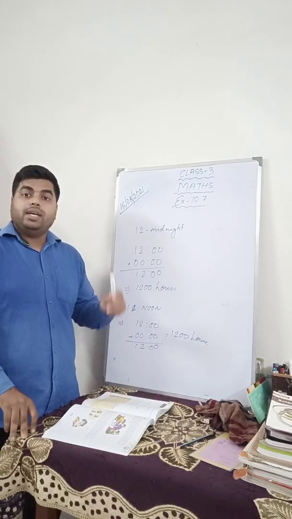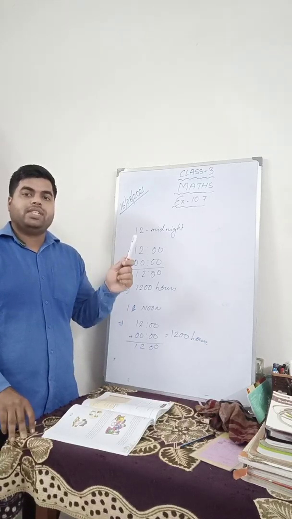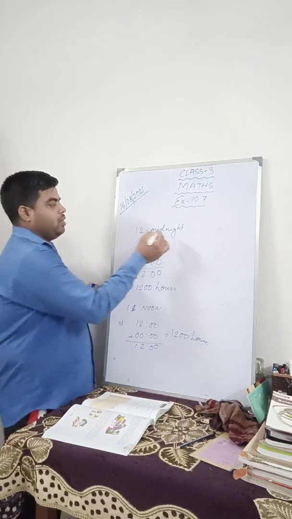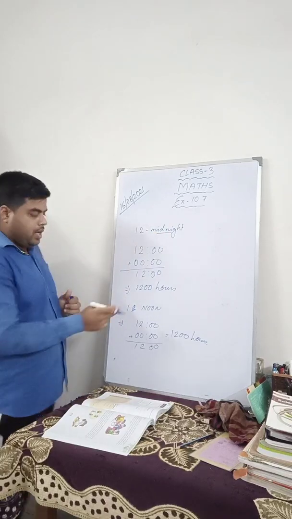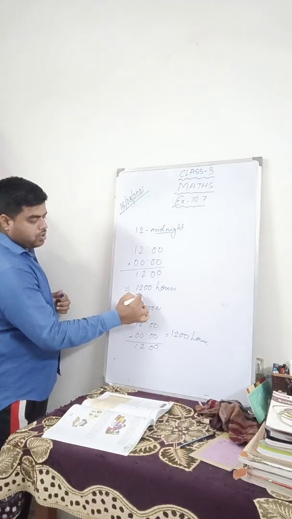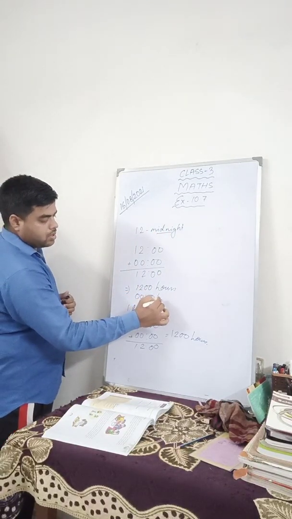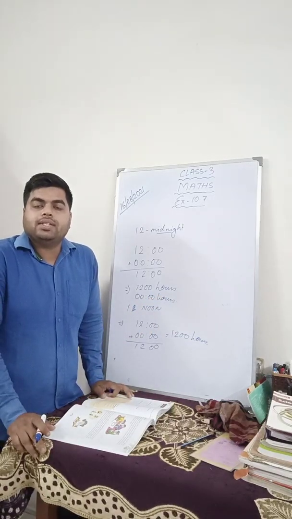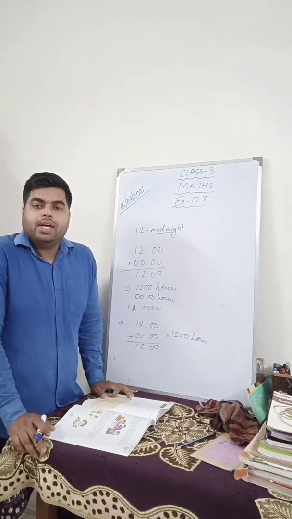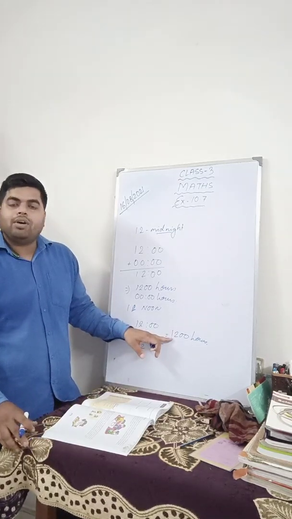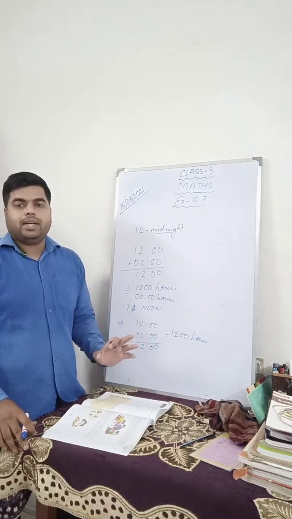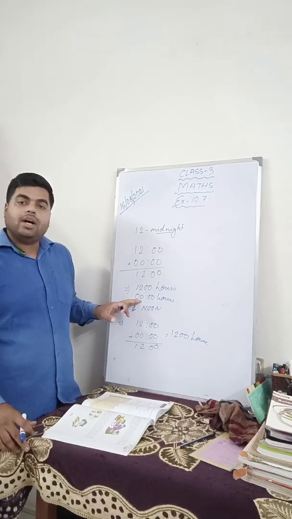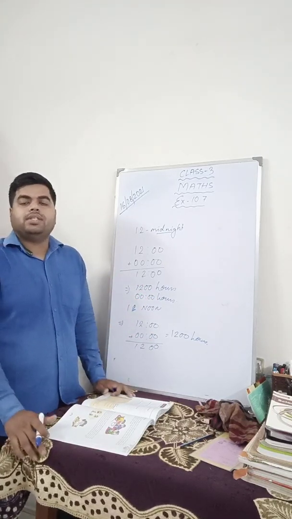How will you understand? If it is in the night, they will either give you midnight, or in the hour place it will be 0000 hours. If it is 12 written in the hour place, then it is in the daytime. If it is 00 in the hour place in place of 12, it is in the night.